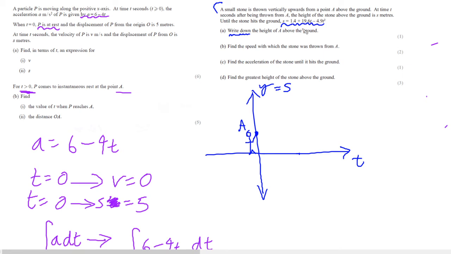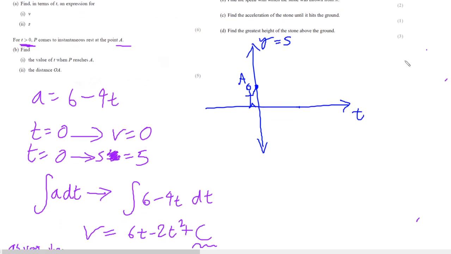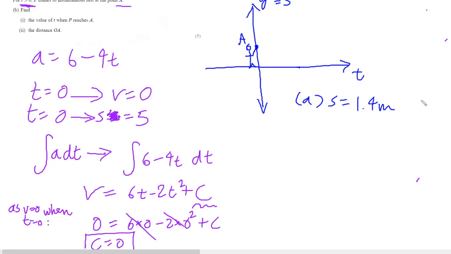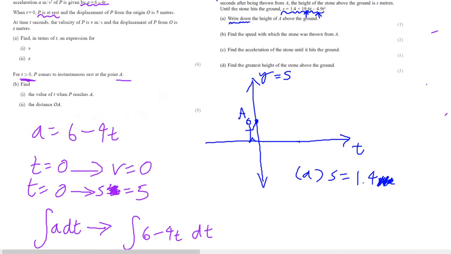If t is 0, this term must be 0, and this term must be 0 because they're multiplied by t. And so the only value in this equation that remains when t is equal to 0 is this 1.4 at the beginning. So as our answer to A, s is going to be equal to 1.4 meters upwards. Or rather, because it's s meters, we don't need to include the units. s is equal to 1.4.